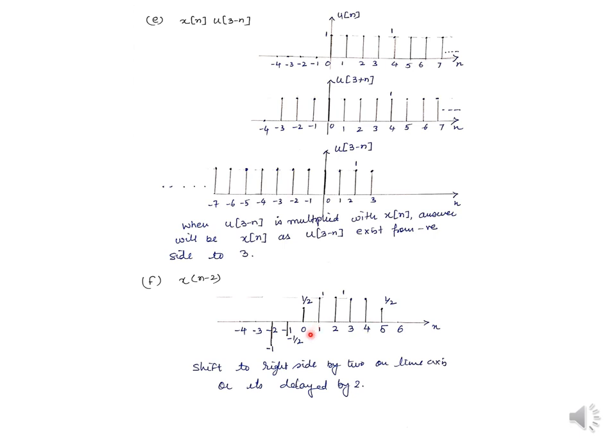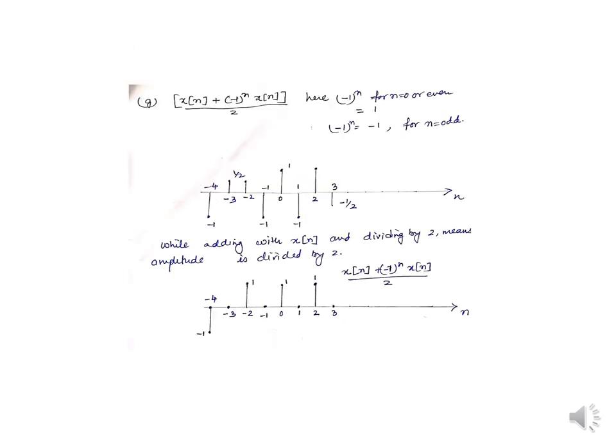So whatever value you have at minus 4 will now move to minus 2, minus 3 will move to minus 1, minus 2 will move to 0, and so on. 3 will move to 5. So whatever the values were defined for x of n, they will shift to the right-hand side by 2 values. So you can say they are delayed by 2.